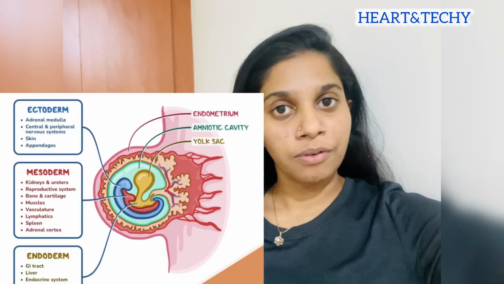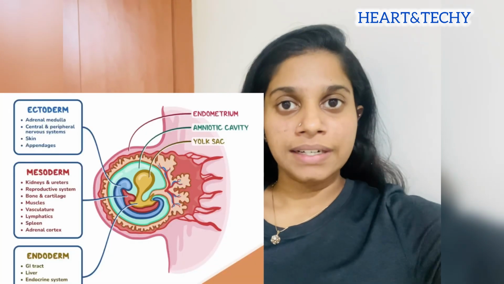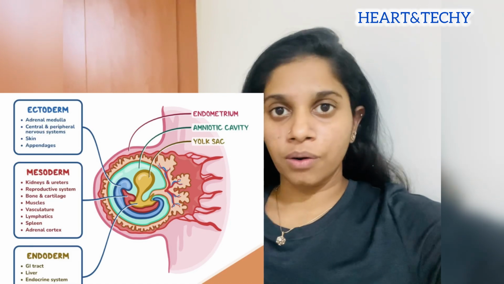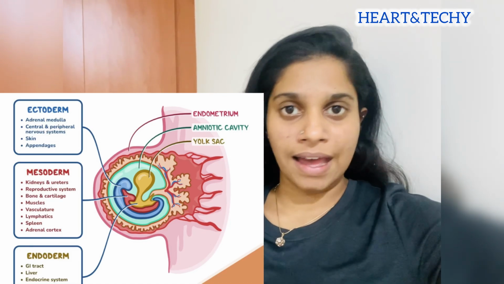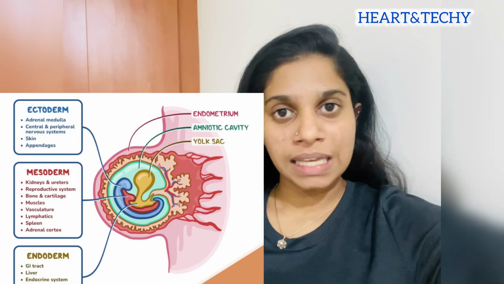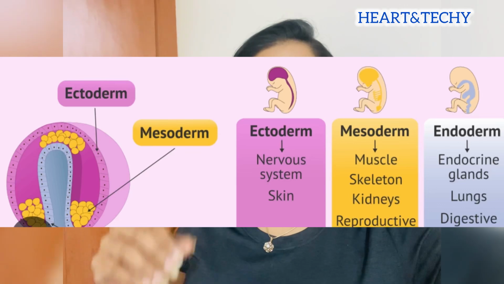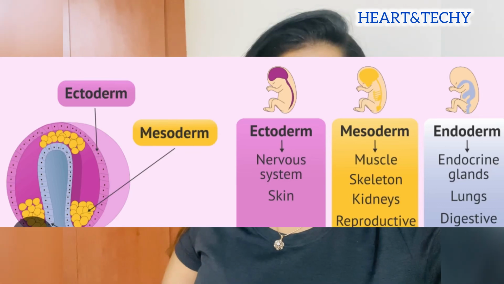When we look at a group of cells in a fetus, there are different types of layers in the development stage. I know all of you have studied this in anatomy. The basic layers in every functional cell are ectoderm, endoderm and mesoderm.